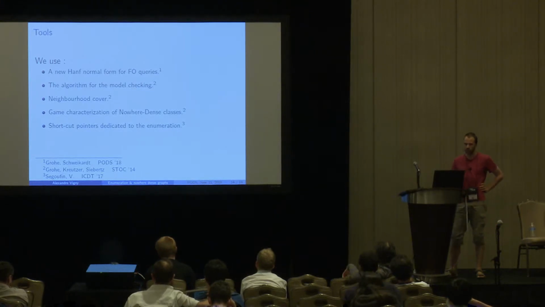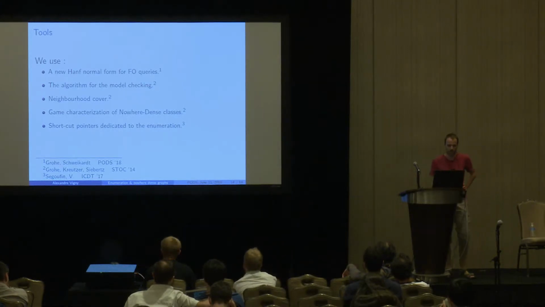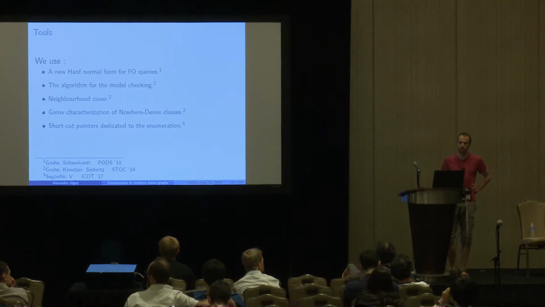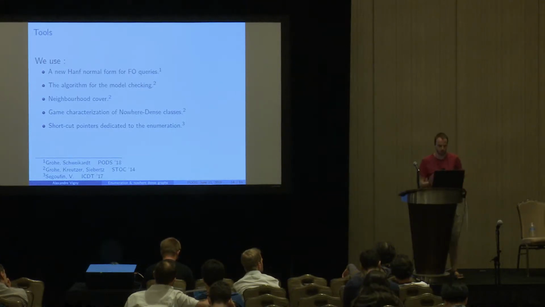We also use two of the tools, the neighborhood cover, I will talk about that in the next slide, and the game characterization of nowhere dense classes of graphs. With that we can do the testing problem. For the enumeration problem, we have some extra work using some shortcut pointers. Really, it looks like the same as my first example about these pointers that skip a pack of consecutive edges. It's roughly the same.